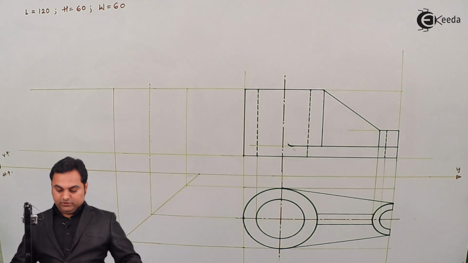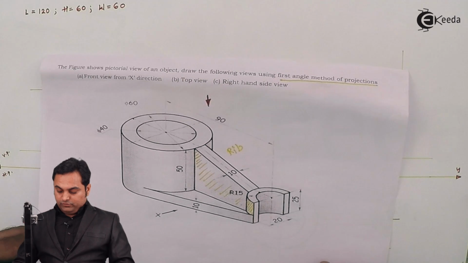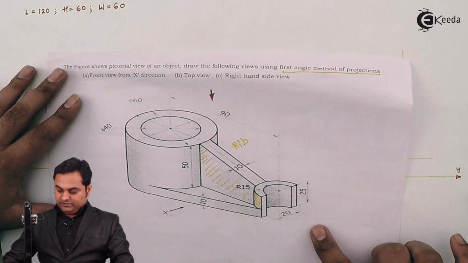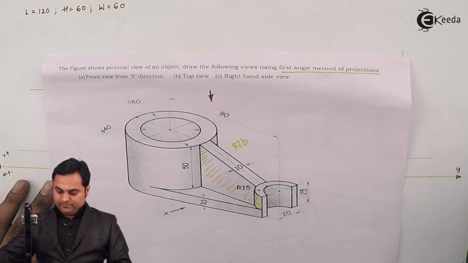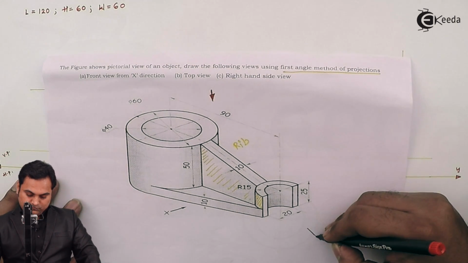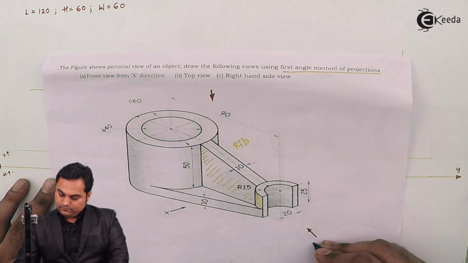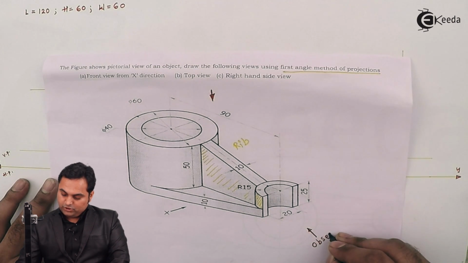This is the center of the object. Now, when we are looking at the object from the right hand side, that is, the direction will be from here. I can say that we are the observer.